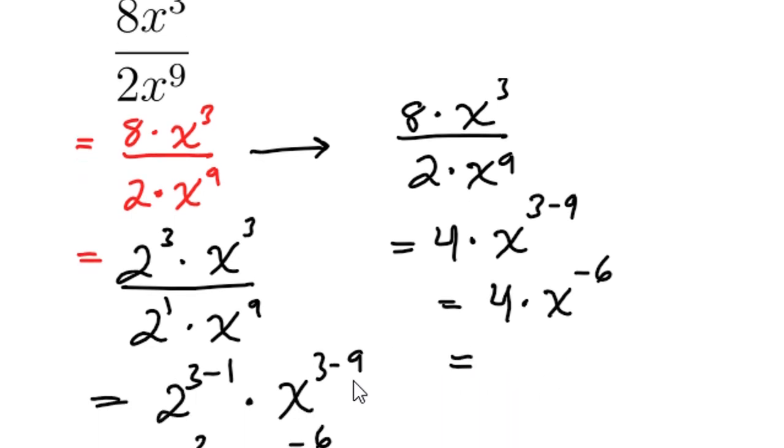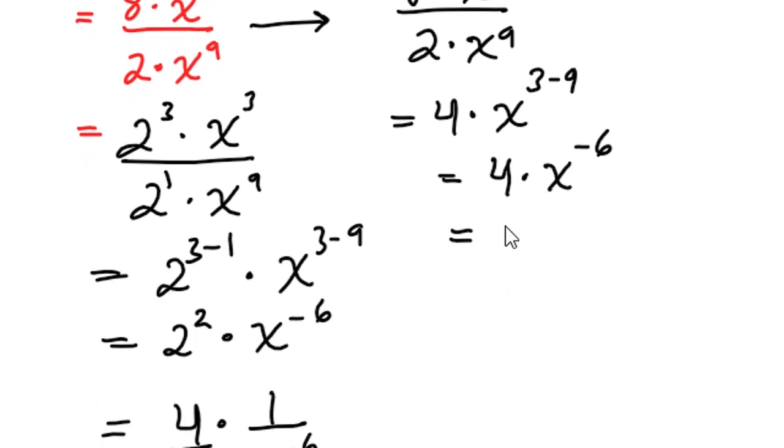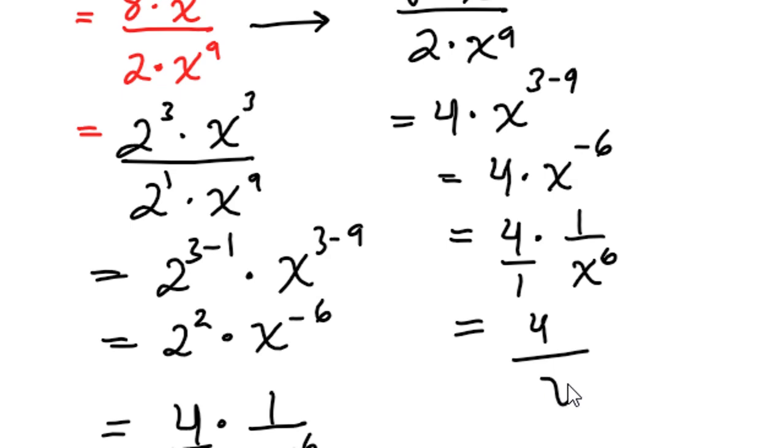And from here, we're going to get the same thing as we got before. So 4 times the reciprocal of this, because we have a negative exponent, so 1 over x to the positive 6th. We make this a fraction by putting a 1 under it, and we say 4 times 1 is 4, and 1 times x to the 6th is x to the 6th.